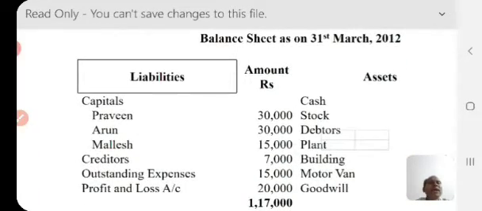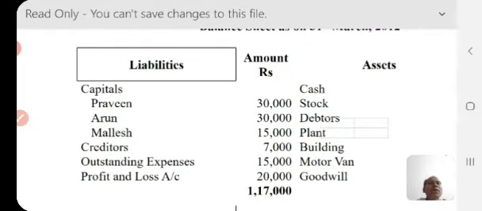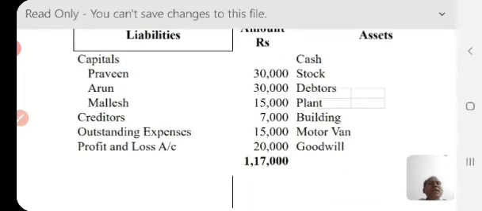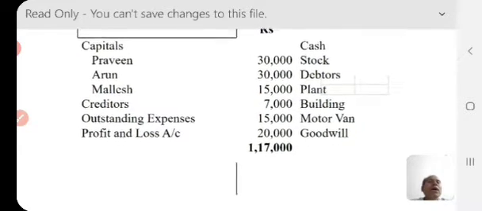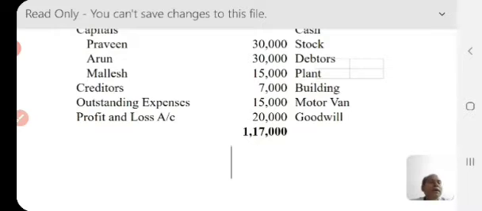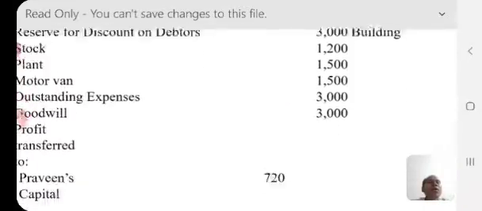See, outstanding expenses 15,000 is in the starting balance sheet, but it is said that 18,000 in the adjustments. So the figure which is mentioned in the adjustment should be recorded at the ending balance sheet. That is balance sheet after Praveen retirement. So 18,000 is recorded in this.